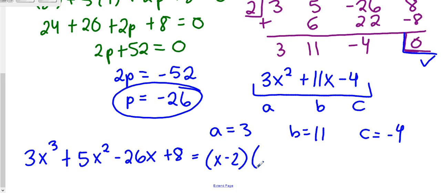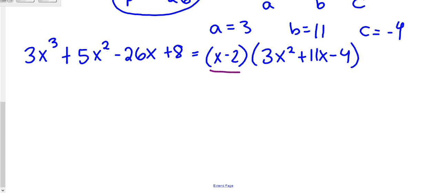And then what we got next was 3x squared plus 11x minus 4. So it says factor completely. So right now, we don't know if we factored completely. We know we have the first factor, but we need to see if we can factor 3x squared plus 11x minus 4 any further. Since there's a 3 in the front, I would suggest using fake factoring.